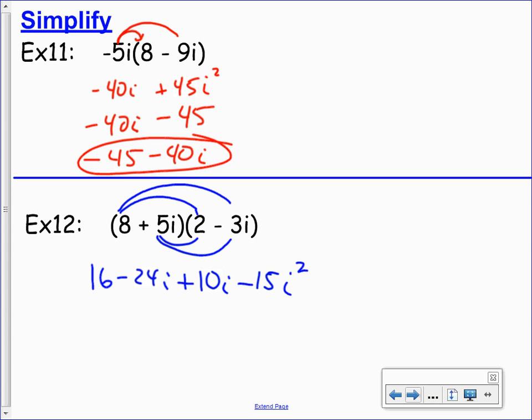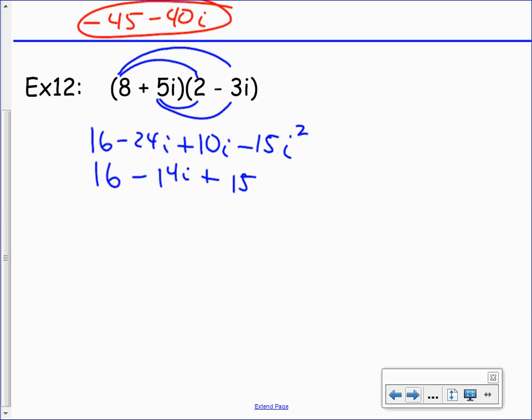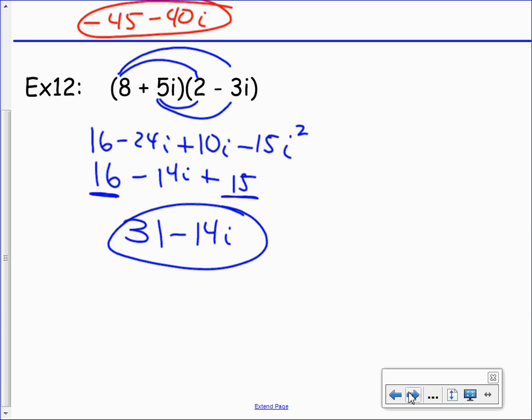This is 16 minus 14i plus 15, because I squared is negative 1. So it just changes a minus 15 to a plus 15. The 15 and 16 are my two reals, so it's really just 31 minus 14i. This is so easy though!